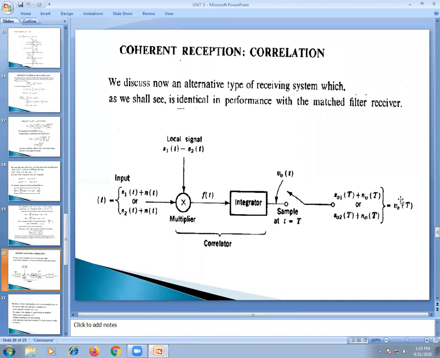Here the multiplier and integrator together are called a correlator. Okay, students, so this is the correlator of coherent reception. It is similar to the previous block diagram. What is the previous block diagram?